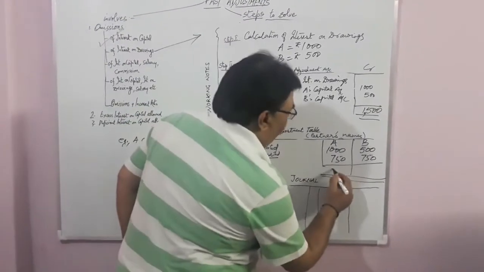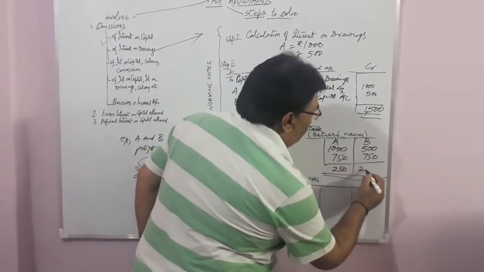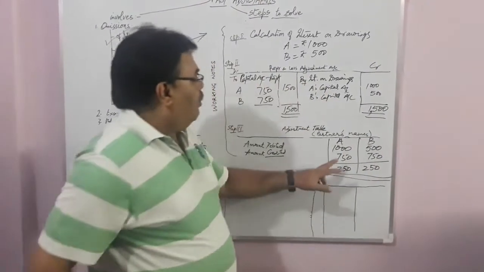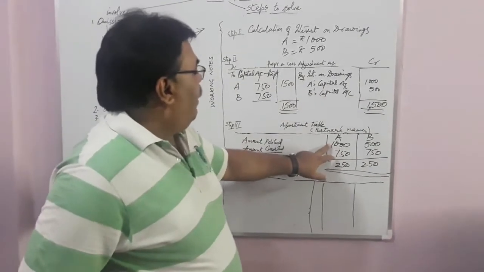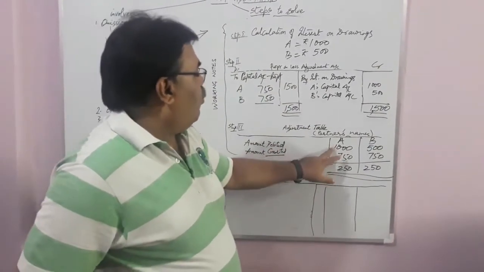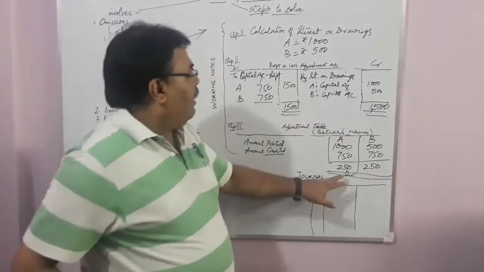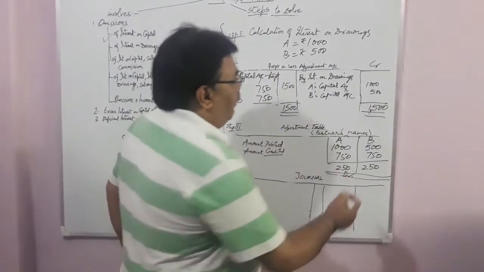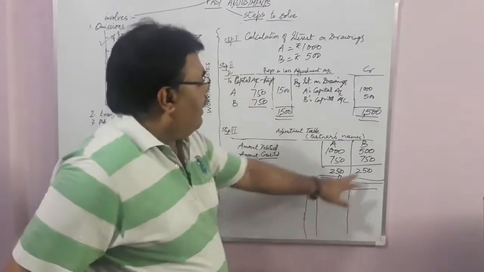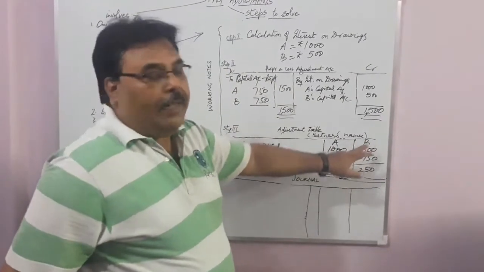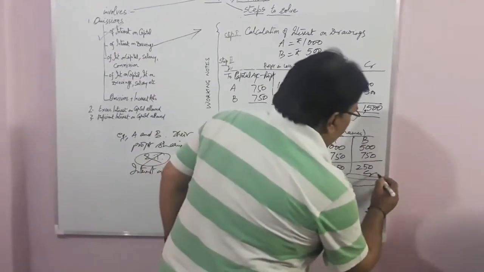There is a difference of 250 in each case. But look, in the case of A, the debited amount is more than credited, so I would write down debit against A, and in the case of B, the credited amount is more than debit, so I will write down credit.